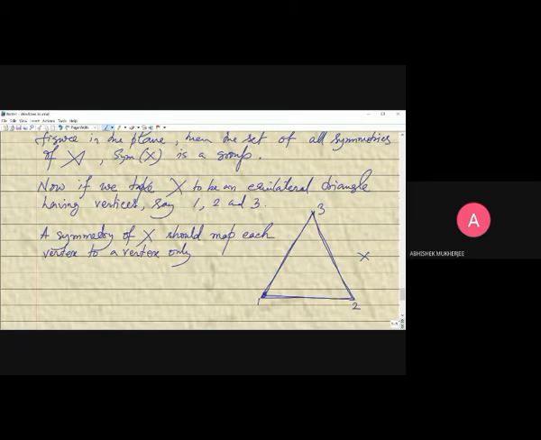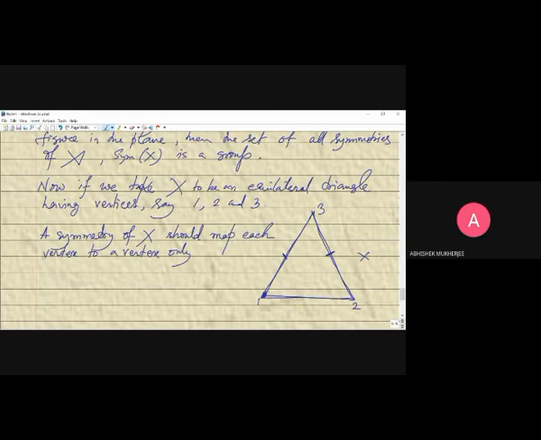Suppose 1 maps to here, and suppose 2 maps to this one.